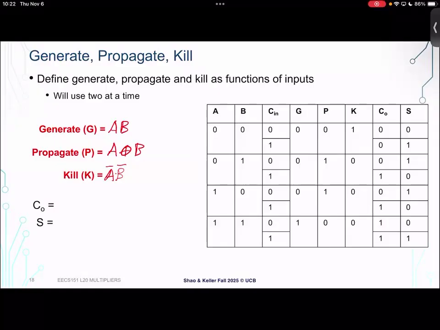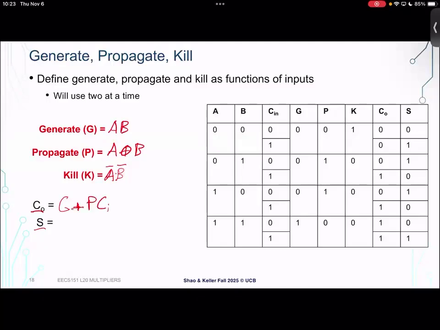Now, we can write the carry out in some equations in terms of generate and propagate, again based on this same truth table, which I'll do now. So carry out, to put the words I just said into logic equations, is true if generate is true, or if propagate is true and carry in is true.